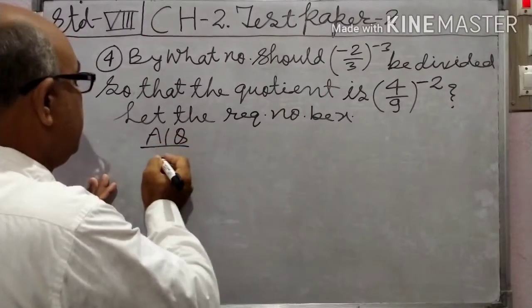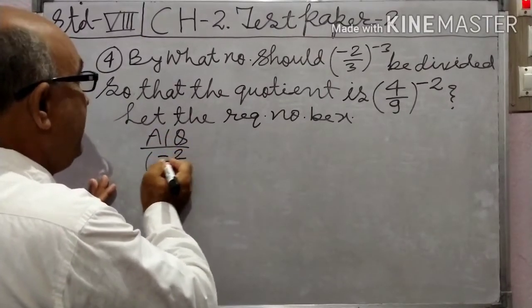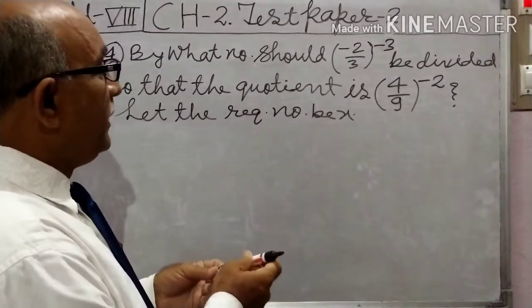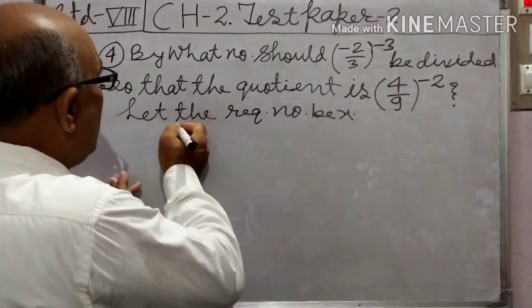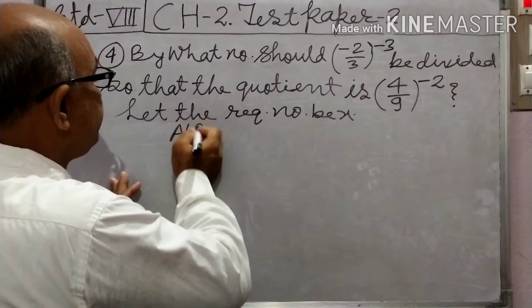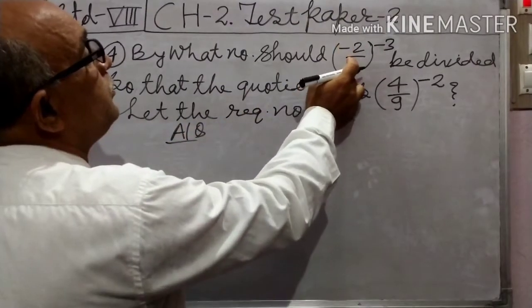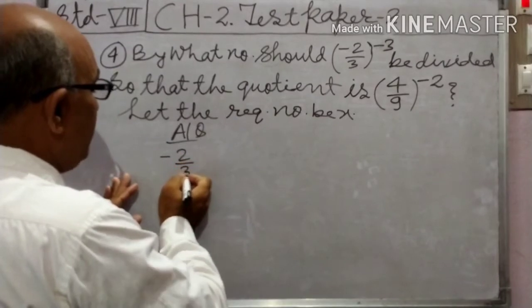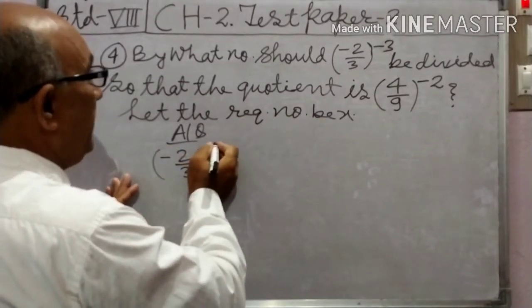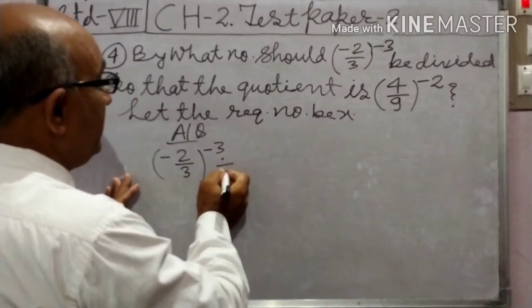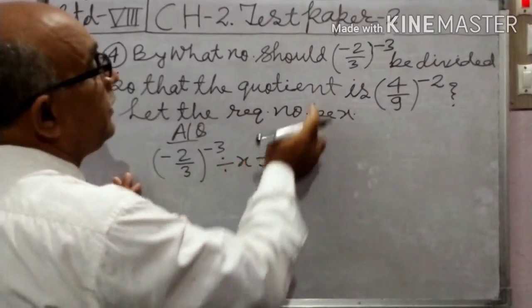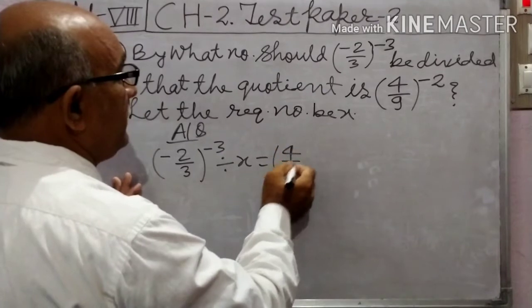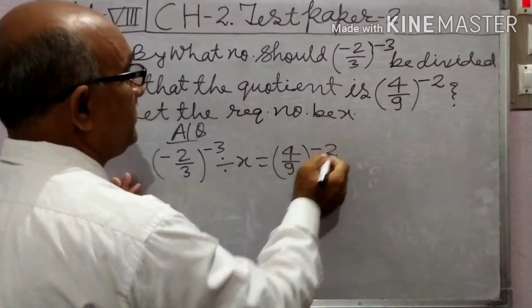According to the question, (-2/3)^-3 divided by x, the quotient is (4/9)^-2.